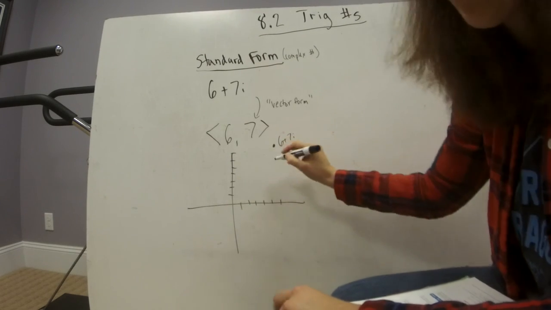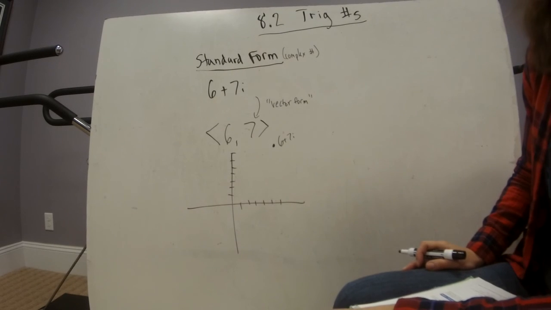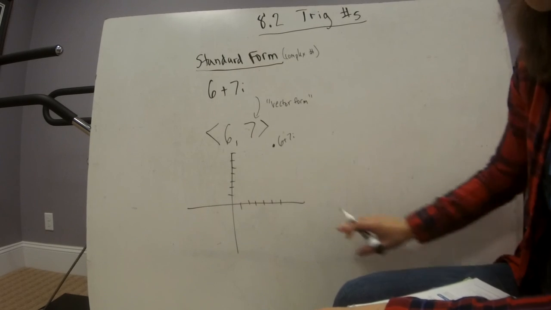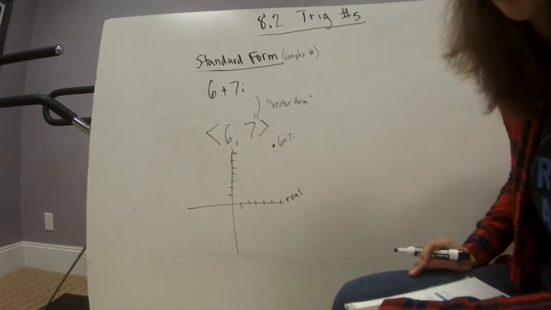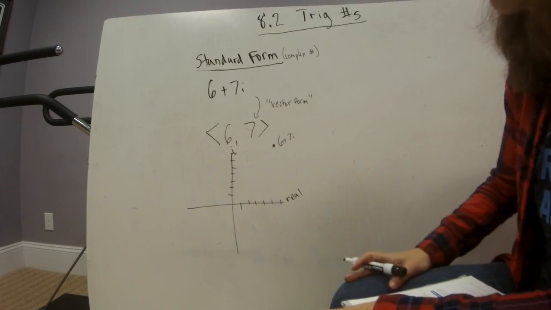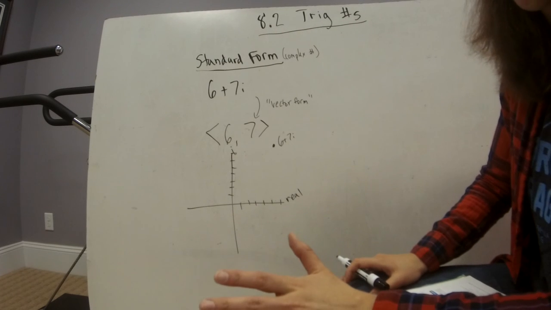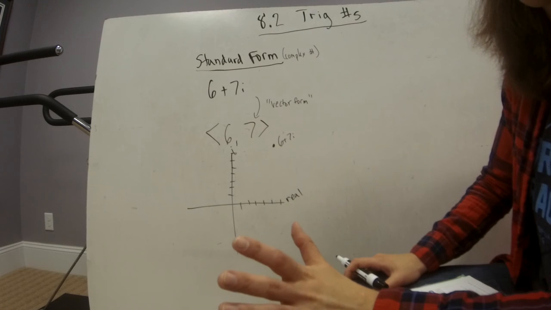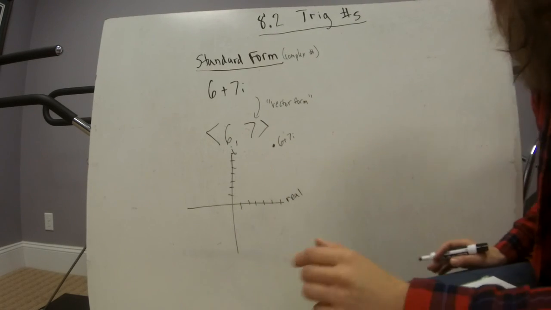We wouldn't draw the arrow to it, but it'd be that point, because they are graphing things on a real axis and an i-axis. You may even remember doing that slightly in Algebra 2, but we didn't do that very much. So standard form is just kind of like a vector, or graphing it in an XY chart, but it's just real and i's.